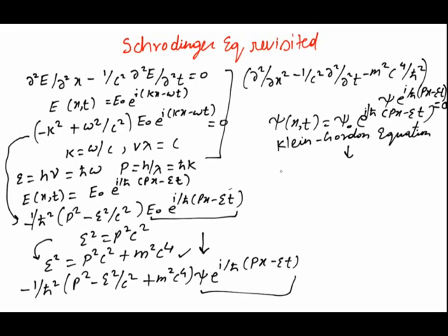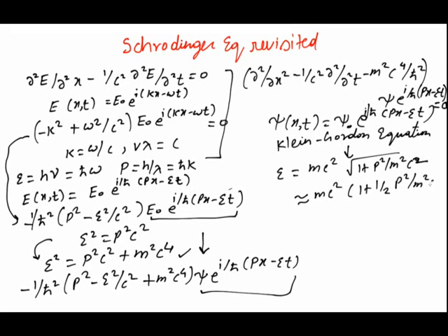He did that by simply writing energy as mc square times 1 plus p square over m square c square, and if we expand this, keeping higher order terms, this is nothing but mc square plus the kinetic energy part, which is half mv square.